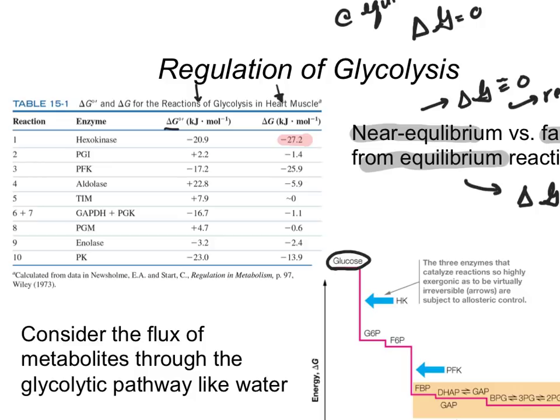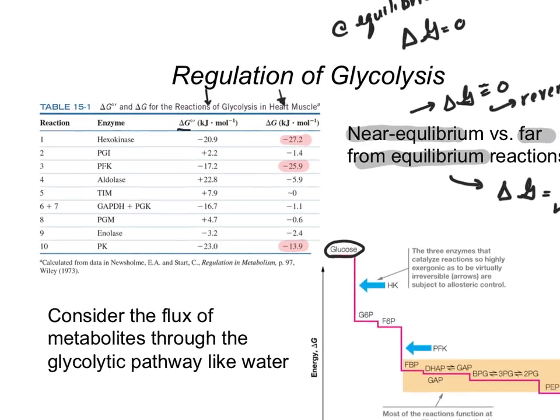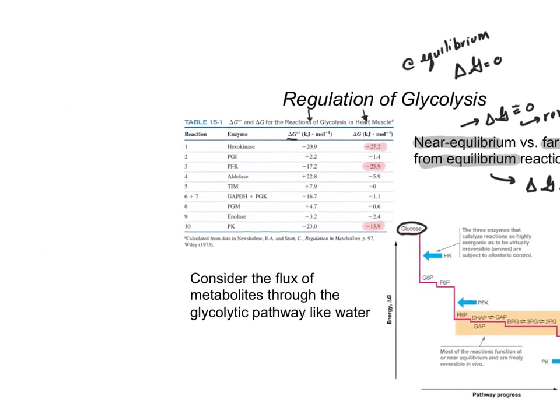We have a minus 27 kilojoules per mole. What's another one that's far from equilibrium? PFK, phosphofructokinase. That's another big one. And there's one more that's important: PK. What does PK stand for? Pyruvate kinase. Pyruvate kinase is that last one.